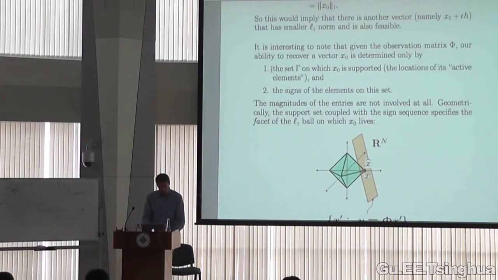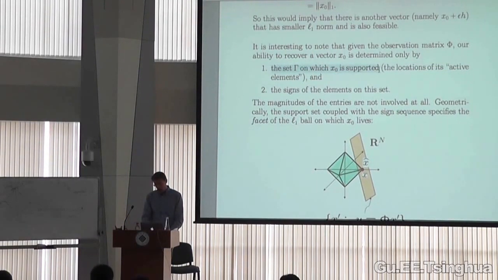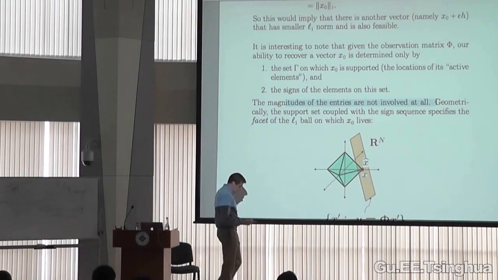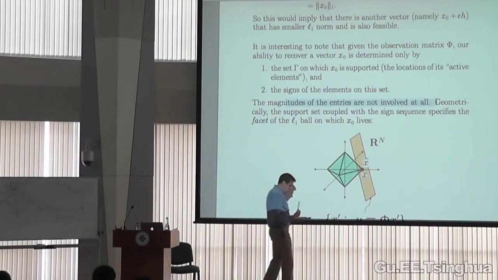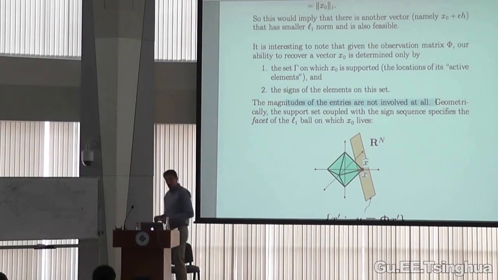And these two points are the points I just mentioned. It doesn't matter so much what x naught is. What's important here is the set gamma on which x naught is supported and the signs of the elements on that set. The magnitudes of the entries aren't involved at all. And this is true when I'm making very strict statements about perfect recovery of x naught.